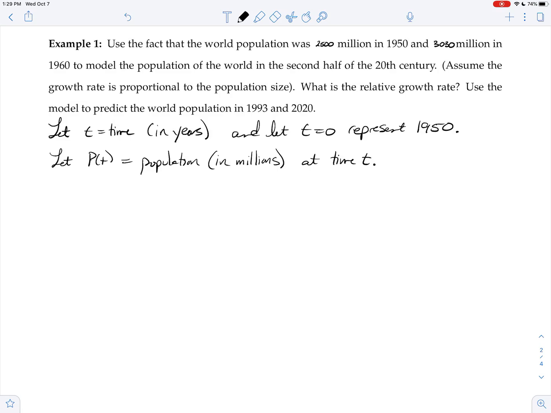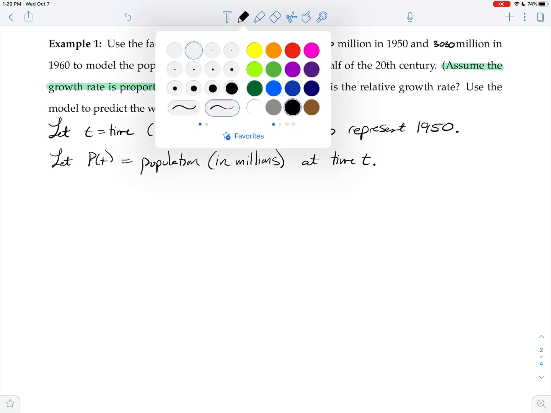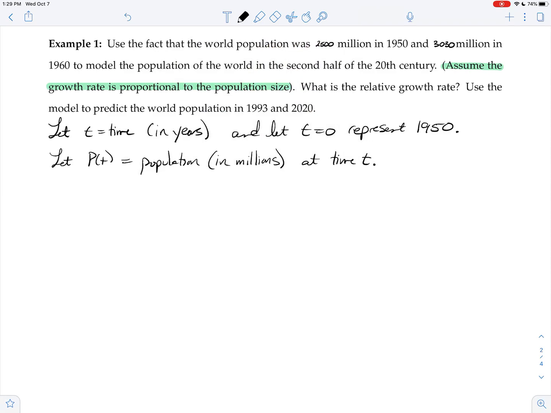Okay, so we assume that the growth rate is proportional to the population size. And so that assumption tells us that dP/dt is equal to k times P of t.